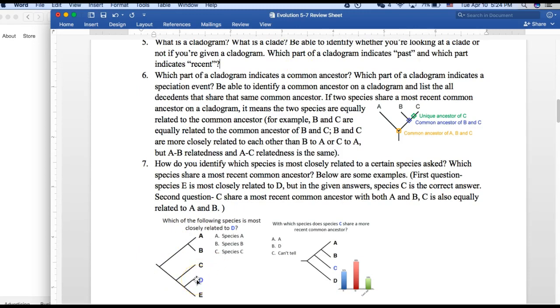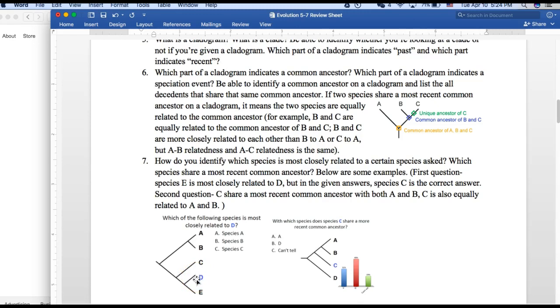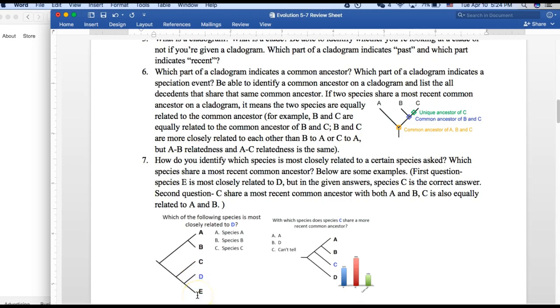I think that's a good practice. If you have not gotten every single one of the cladogram questions right, I will strongly encourage you. I can't require you to do anything, but I strongly encourage you to draw a timeline. Even if the cladogram seems easy, drawing a timeline will make it easier.